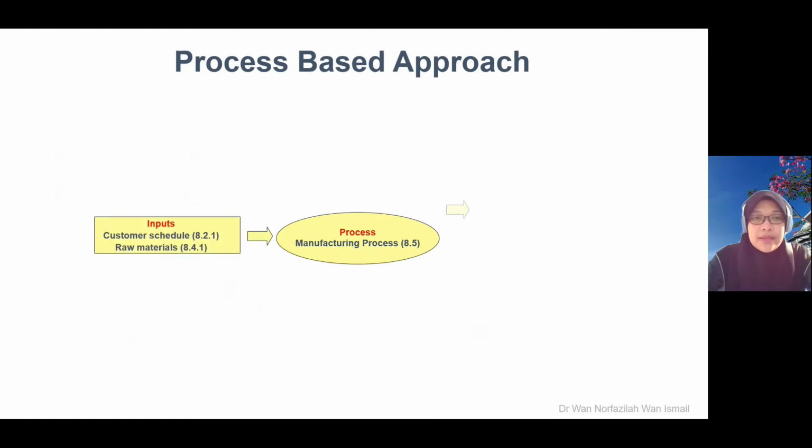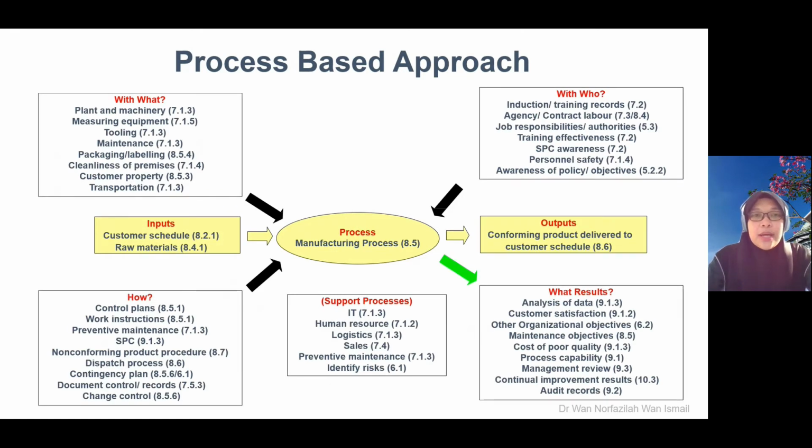So here is a very detailed one. So what are the input, process, output involved? Okay, so when you look at from the beginning, the process happened to achieve the quality. Okay, contoh kat sini kita tengok manufacturing company. Okay, kalau input dia customer schedule, raw materials.